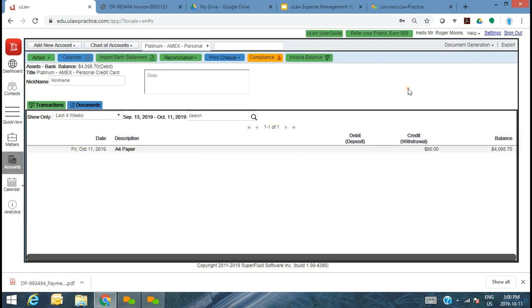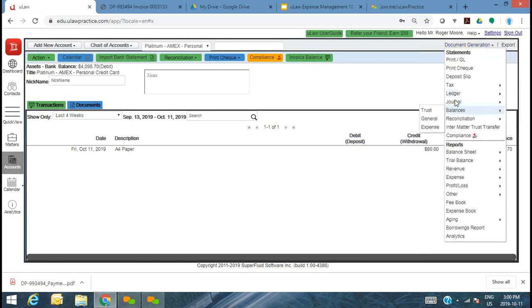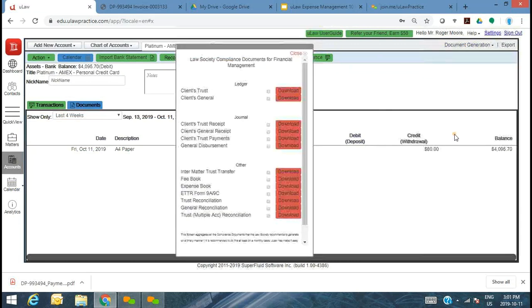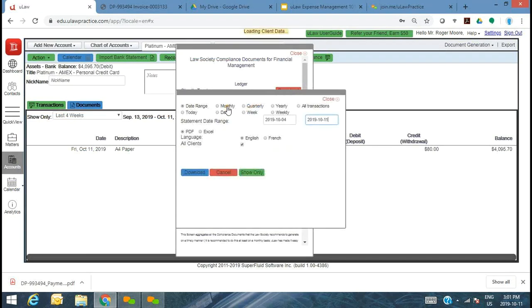Now, how has this translated into a journal and a ledger? This really comes down to generating your compliance documents. If I were to do a client's general ledger for the month of October, so I'm just going to do it for this particular month, this is an important document that you generate, right? So let's go ahead and click on the monthly option.